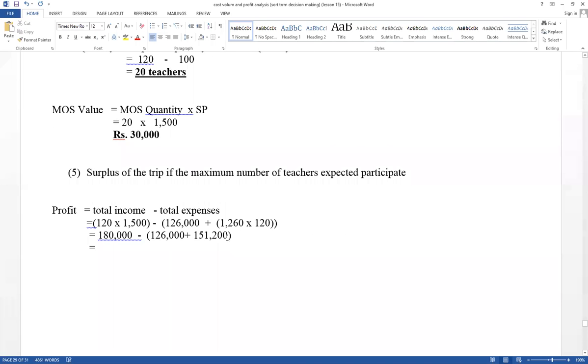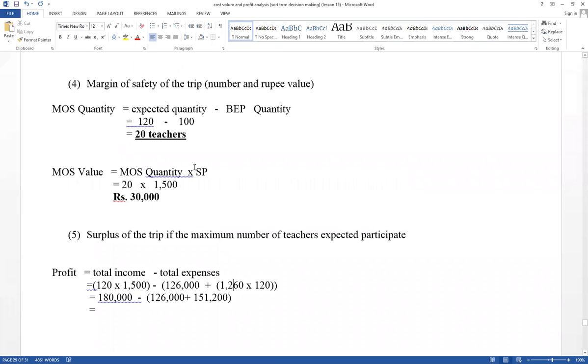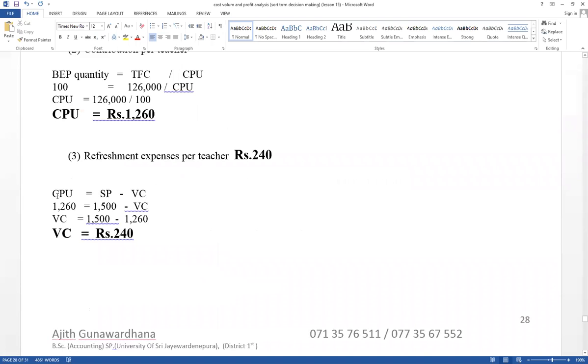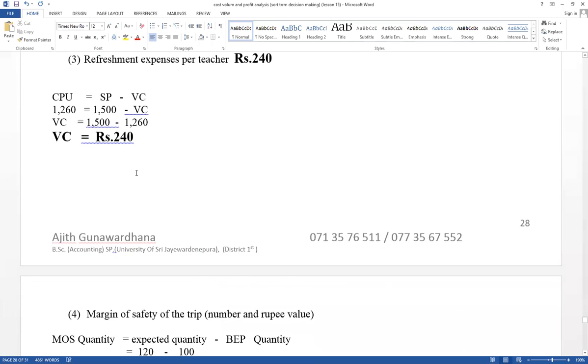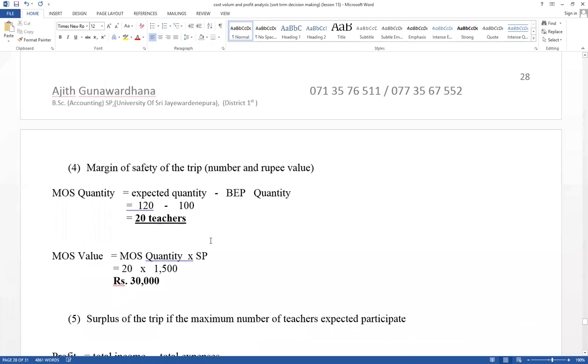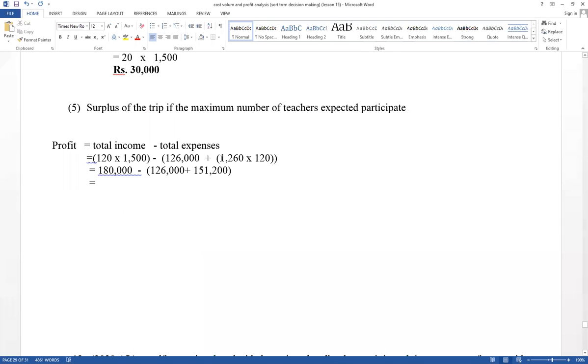So here variable cost per teacher equals 240. 1260 is the contribution per unit. Variable cost per teacher equals 240. Therefore here variable cost per teacher, that is a replacement expense.